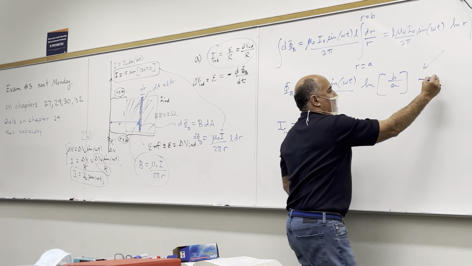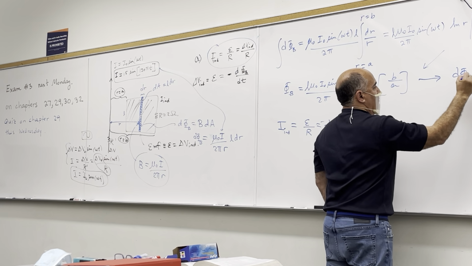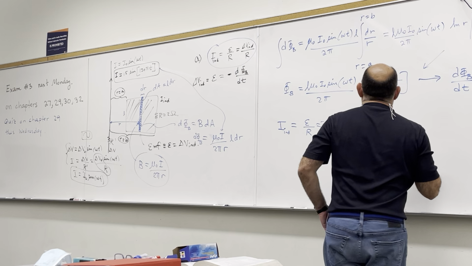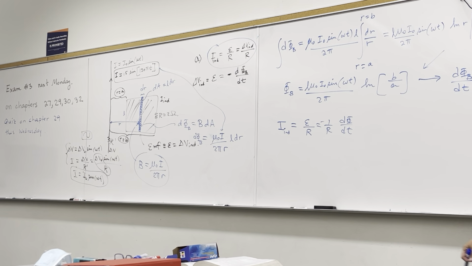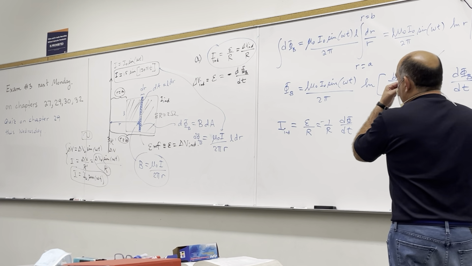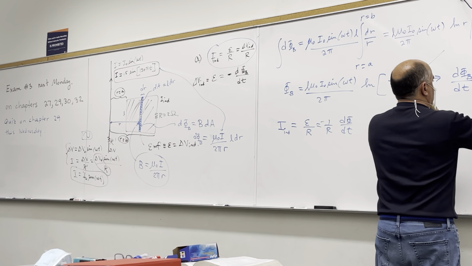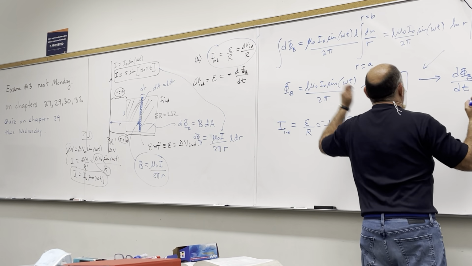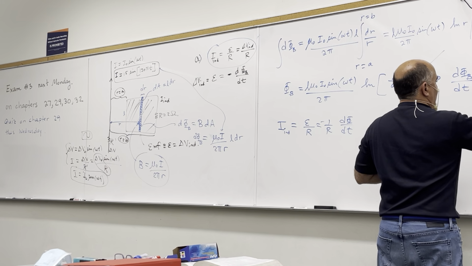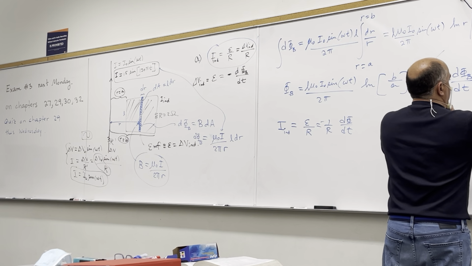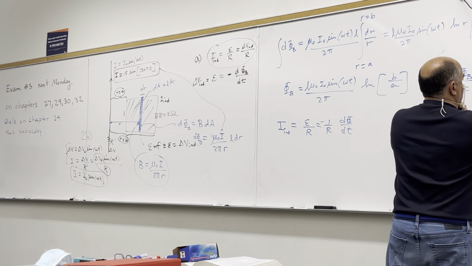So what is the derivative of this with respect to time? What's the only place where there is a time dependence, so that I have to take the derivative of that function with respect to time? Only in the sine, right? So I'm going to get mu naught, which is a constant, times L, times the current amplitude, the natural log of B over A, that's a constant also.